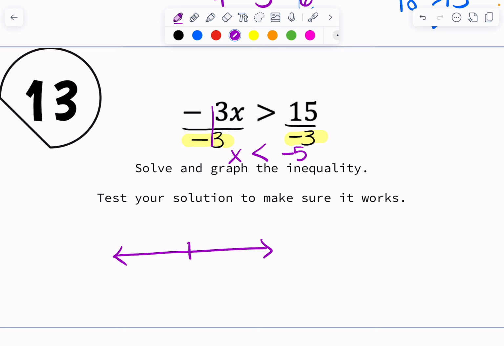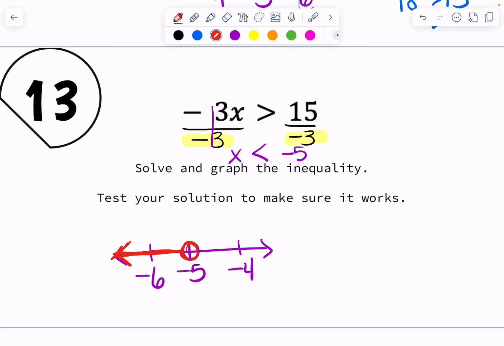The graph, I'm going to put my -5. I want an open circle because it's not actually equal to -5. And then all values less than -5 are going to be to the left. And again, I can test this out.